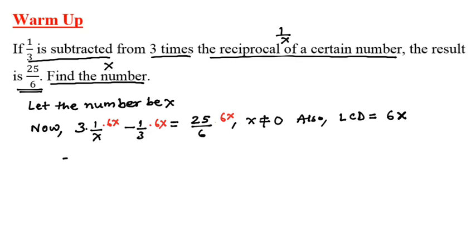By doing so, in the first, x gets cancelled and we get 18 minus 6x divided by 3, that is 2x, equal to, on the third one, 6 and 6 get cancelled, so we get 25x. If you add 2x on both sides, you get 18 equal to 27x.